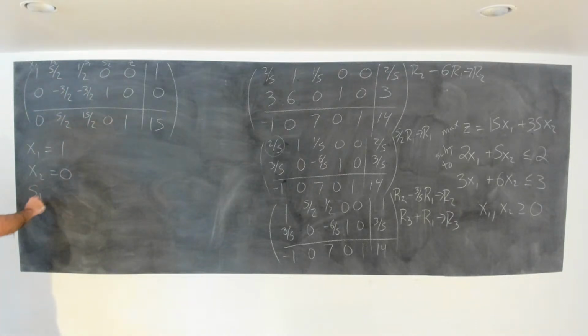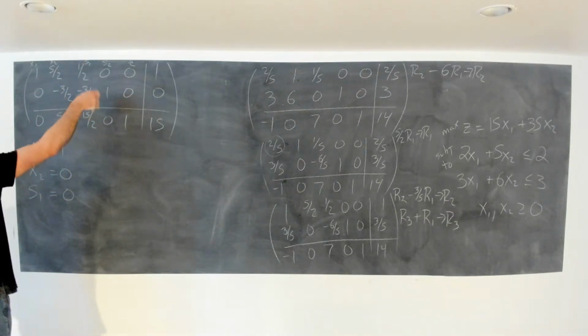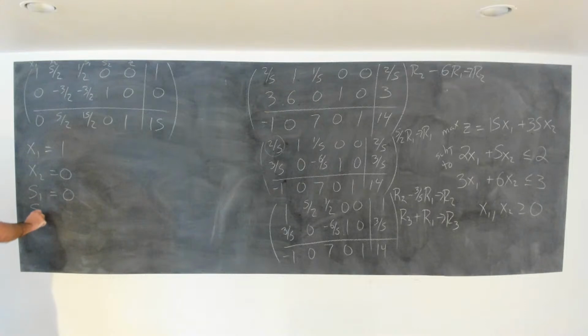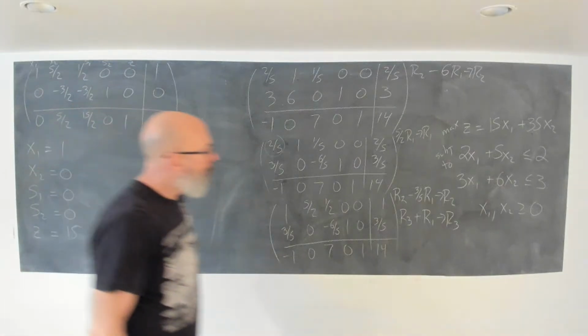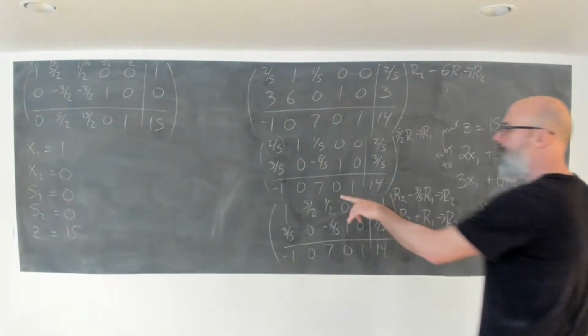S1 does not, S1 is 0. S2 has a leading 1, S2 is 0. And Z has a leading 1, Z is 15.